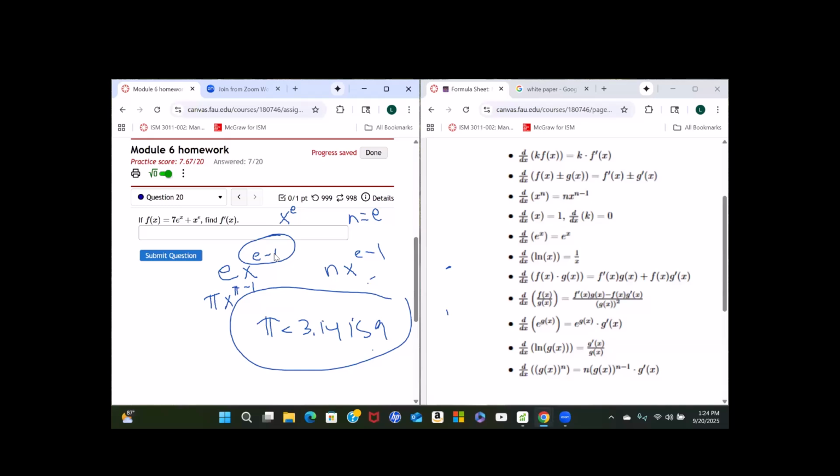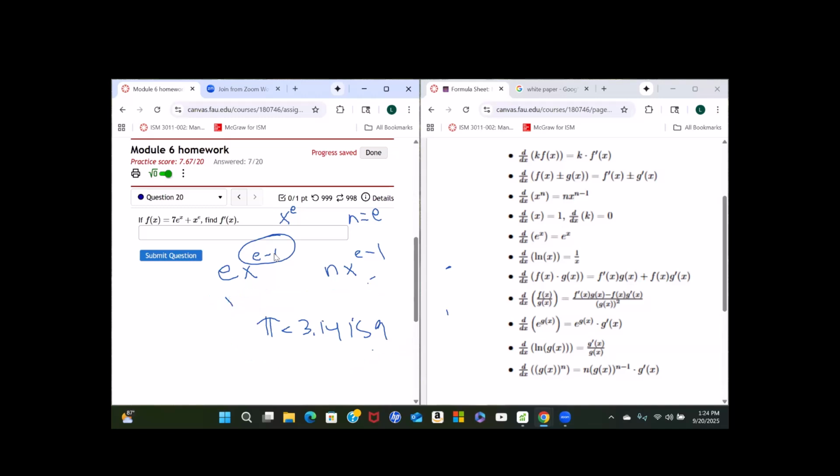It's pi minus 1. I don't know what e minus 1 is. It's e minus 1. I do care about it being exact, and I don't want to put in 1.71 because it's not an exact value. Does that make sense?